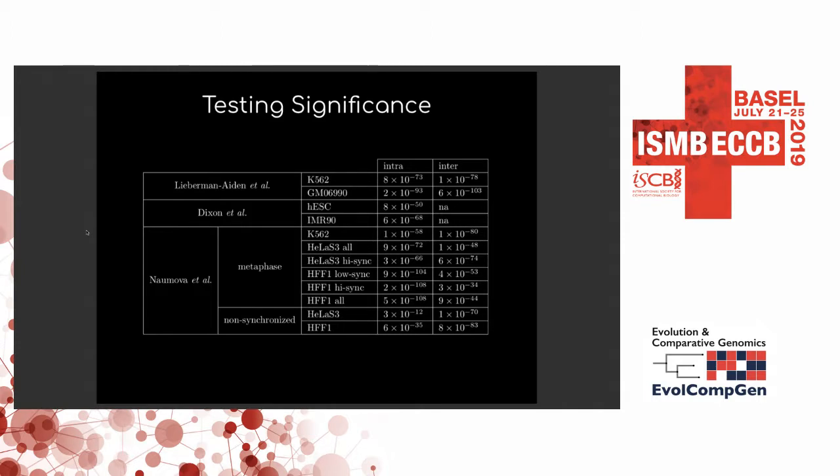We see this for data from 3 different labs, for cells that are in different states of their cell cycle, for cells that have differentiated in different ways.